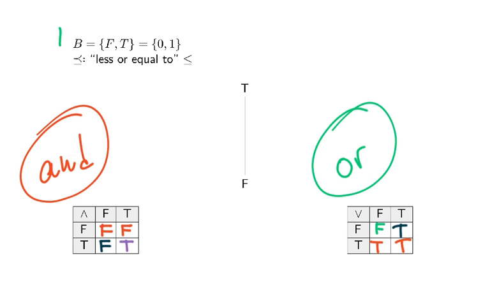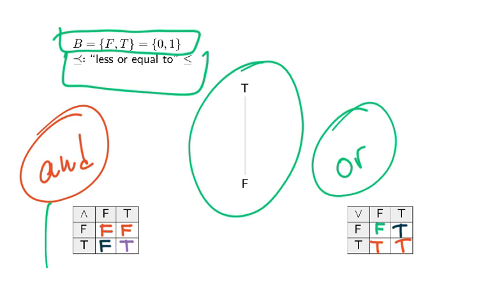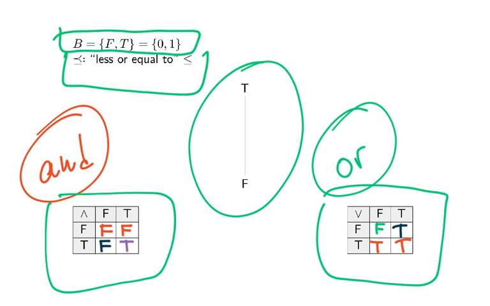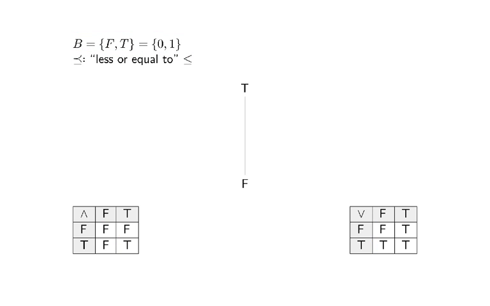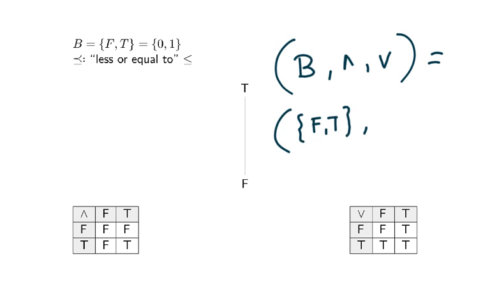So this set with this relation is a poset that has this Hasse diagram and these tables of operations that are nothing but the AND and OR tables that we have seen in logic. So this lattice with the operations meet and join is just the operations AND and OR.